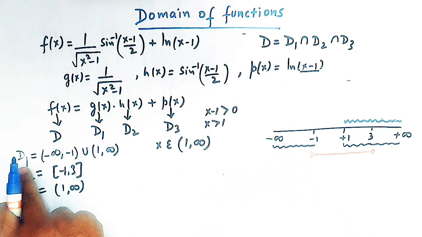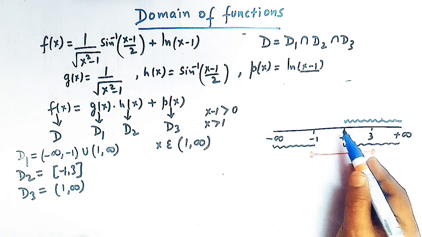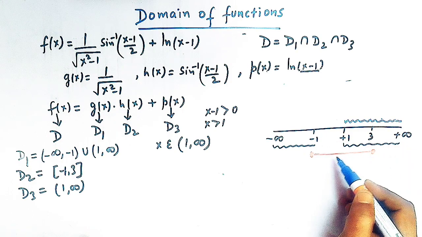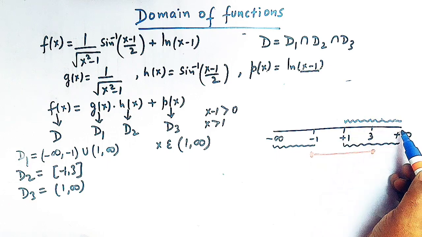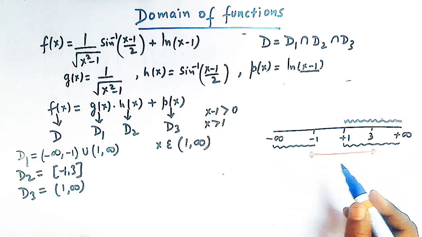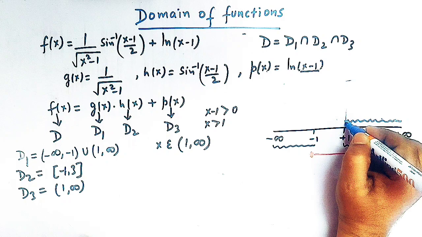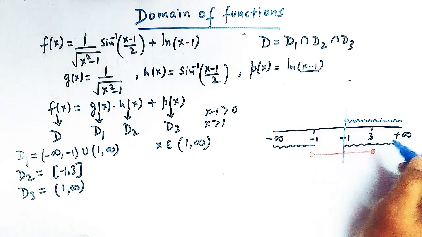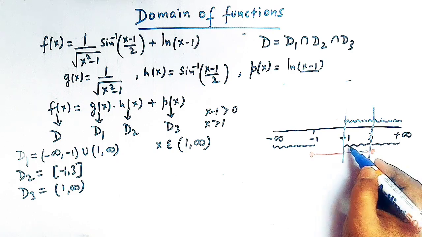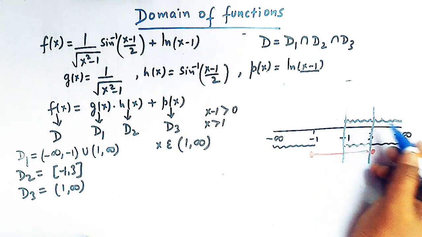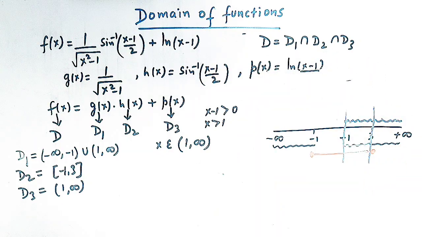Here the domain d1 is from minus infinity to minus 1, union 1 to infinity, d2 is from minus 1 to 3, and d3 is 1 to infinity. From this diagram we can easily conclude that the common region is from plus 1 to plus 3, right? Because this portion is common to all the three domains.